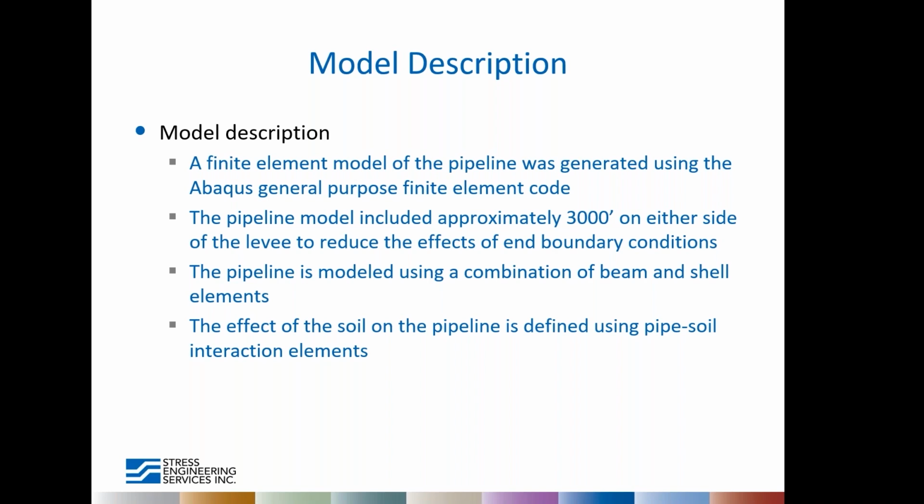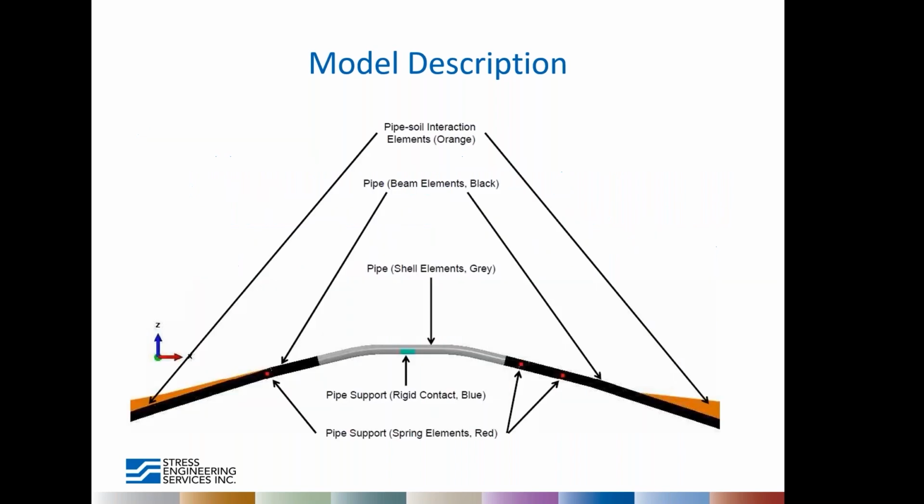The model that we built included approximately 3,000 feet on either side of the levee so that we don't have effects from the boundary conditions. And then we used a combination of beam and shell elements on the model. The beam elements are in the buried portions. The shell elements are right around the levee. And the effect of the soil on the pipeline is defined using pipe soil interaction elements.